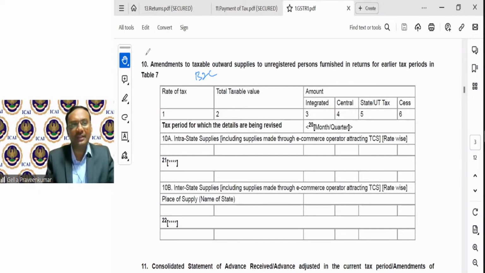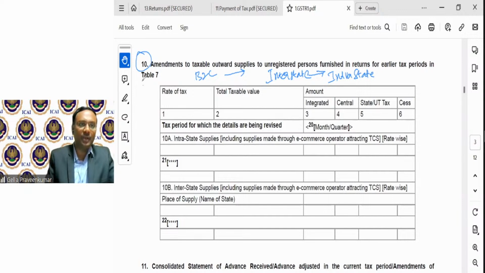So generally, what set of amendments come here? For example, in B2C, I have declared a particular supply as interstate. I can change this as intra-state. When I go for amendment, here, select tax period.